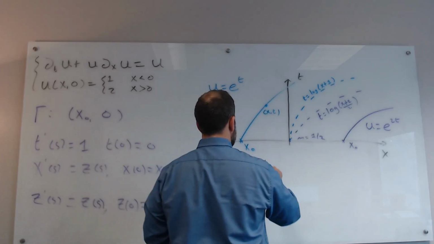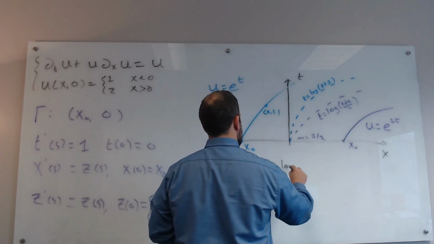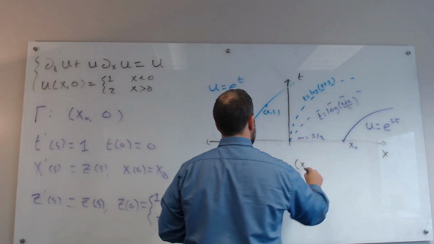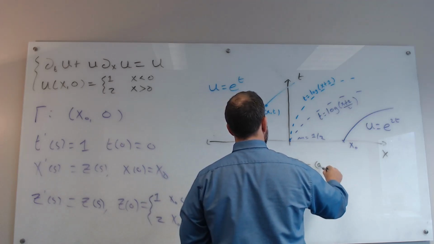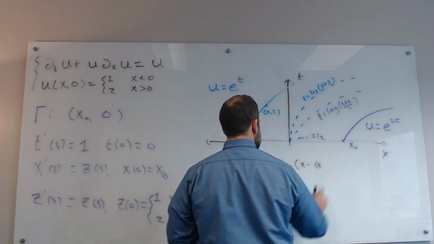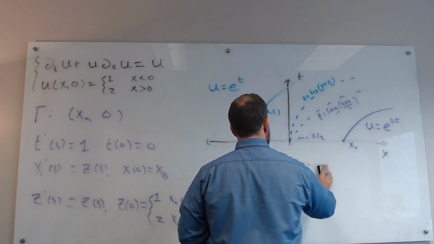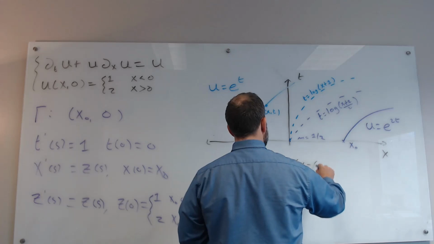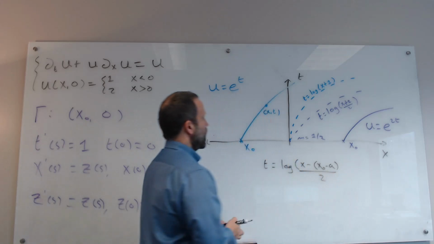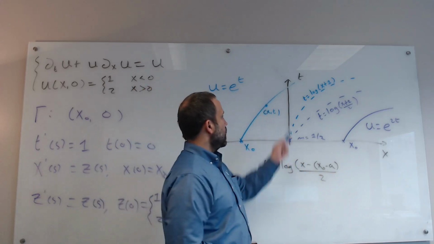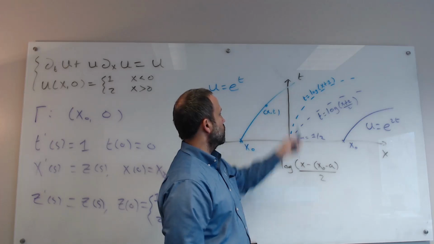T equals log of x minus something. I'm going to call it x naught minus a divided by a.